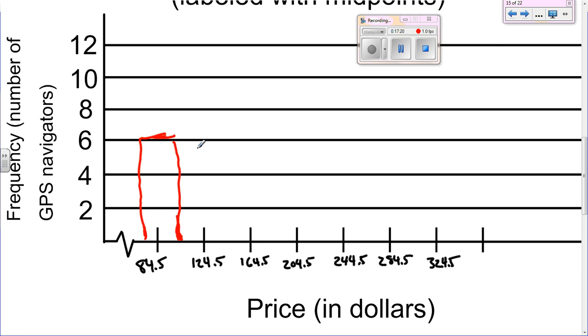Next one is 9. That one wasn't terrible. Then 6 again. And 4.